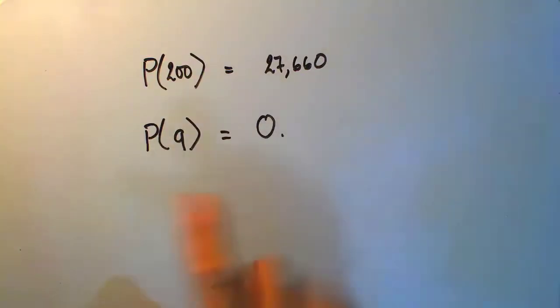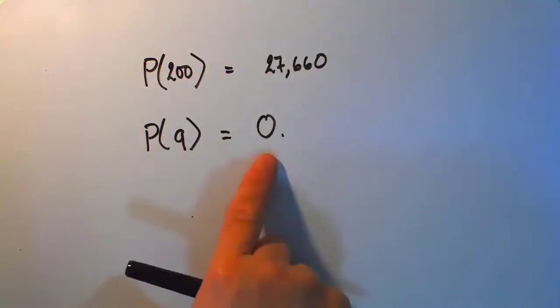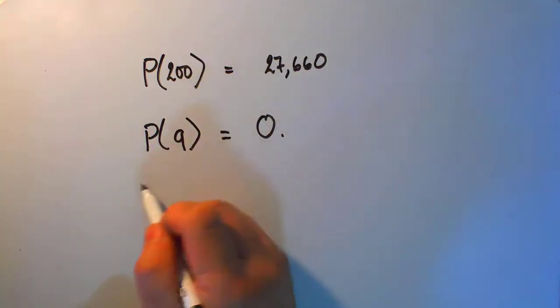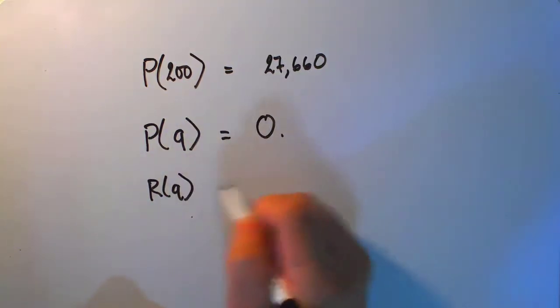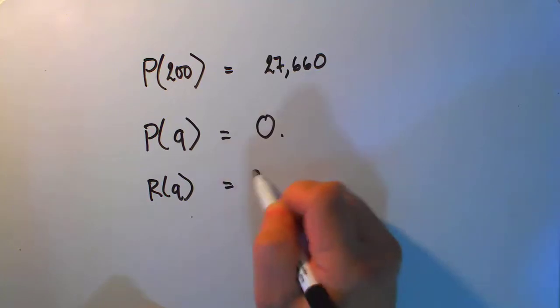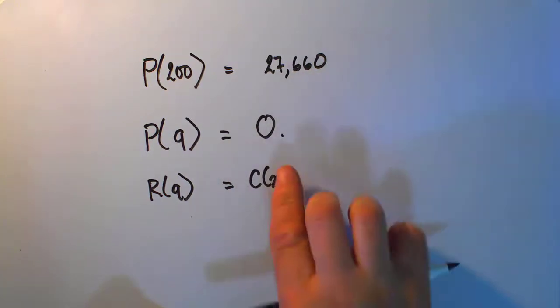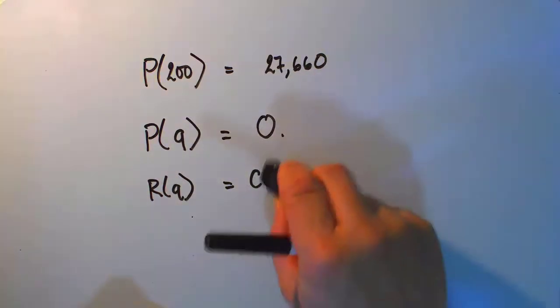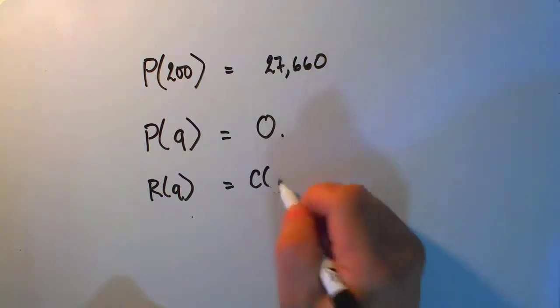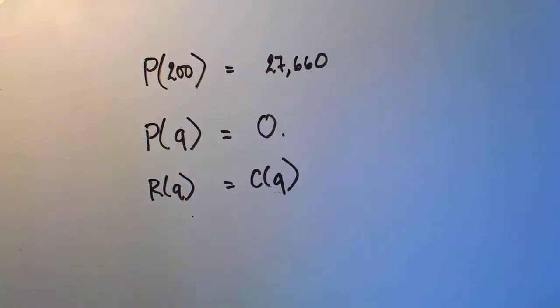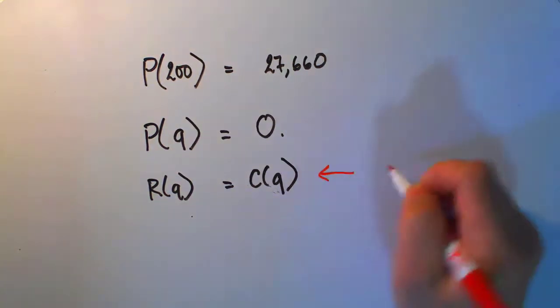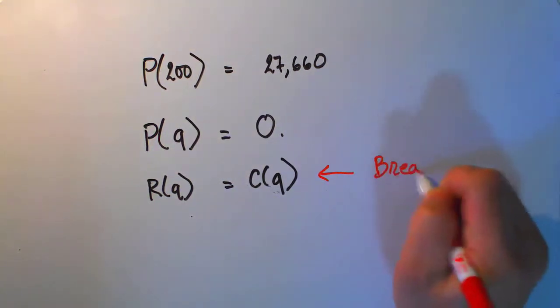So anytime your profit turns out being zero, that means the same as revenue equals cost. Then in that case, a special term, this is where we call that break even.